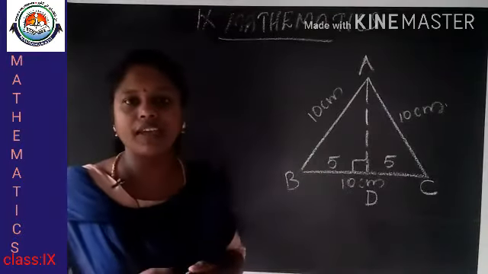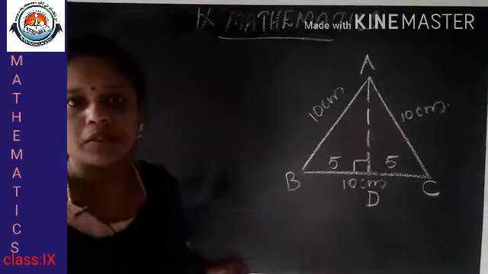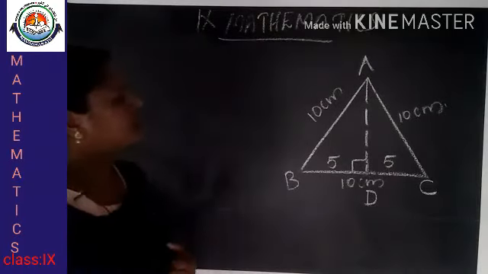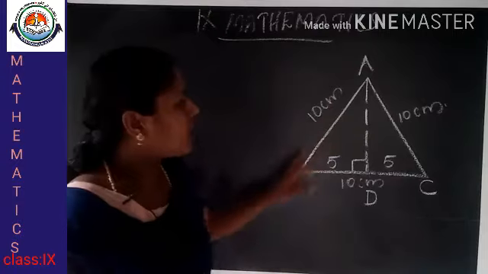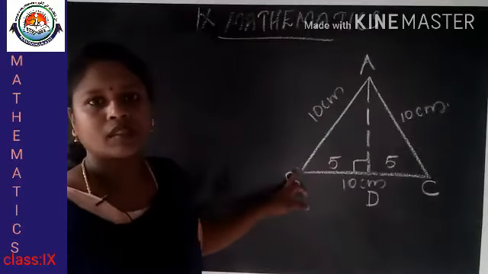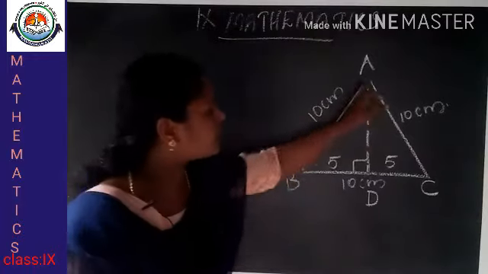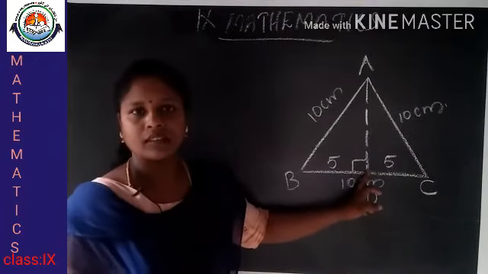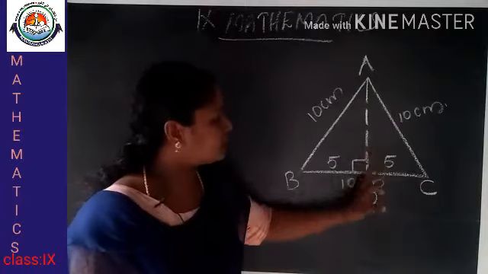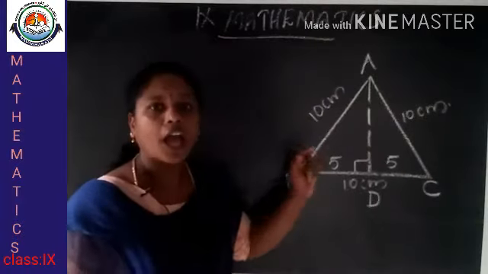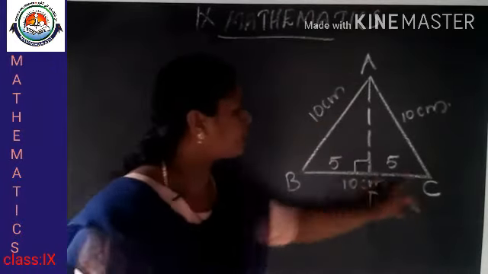How can we find the height? Using Pythagoras theorem. Here it is the hypotenuse. If we apply Pythagoras theorem, we will get the unknown side, and this height will be the height of the triangle ABC.